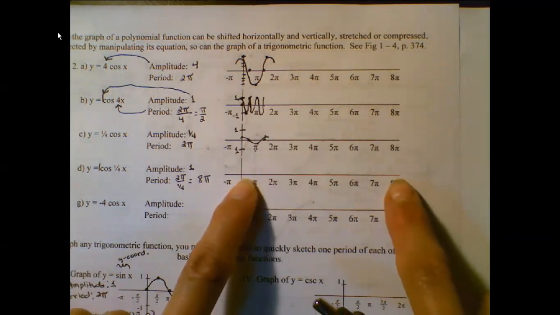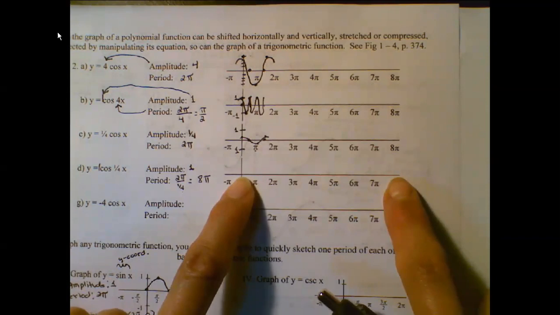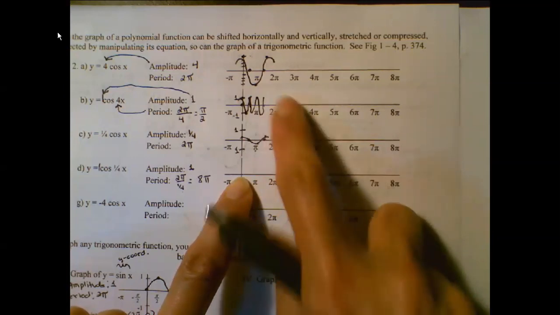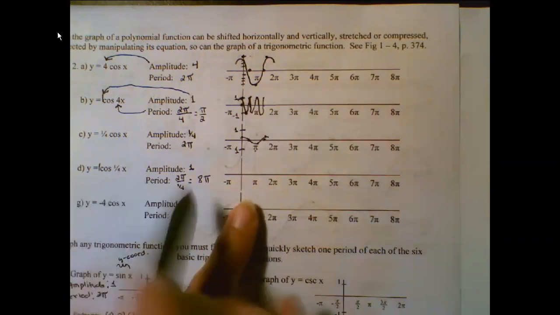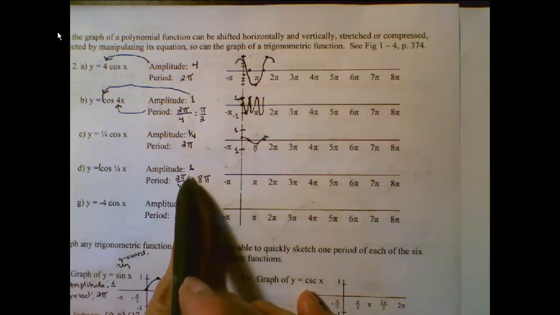Now, at its endpoints, cosine is normally what? What's the y value at its endpoints? 1. So that's not changed. The amplitude is still 1.